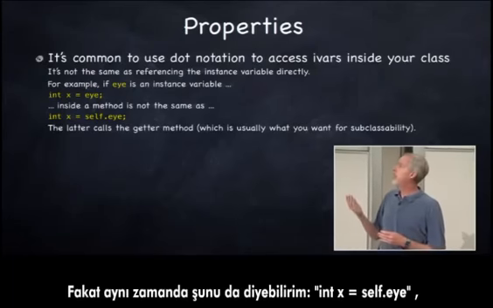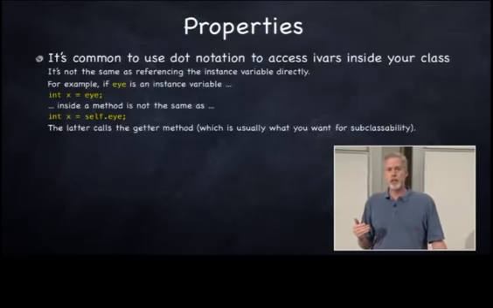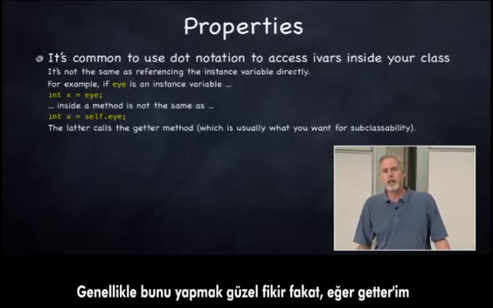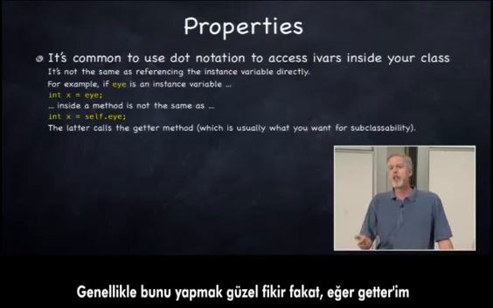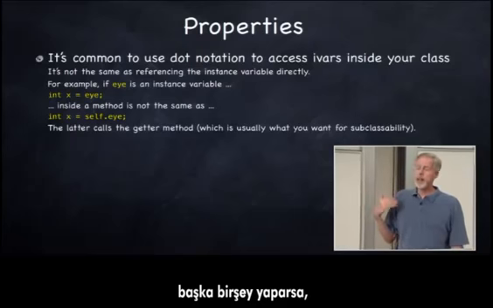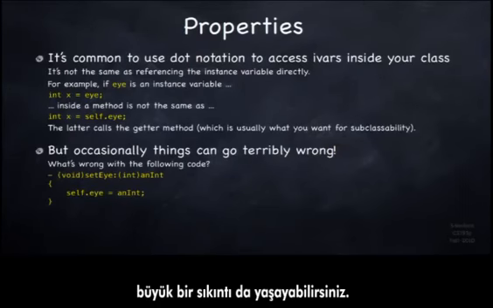But I could also say int x equals self dot I, which does not do the same thing because int x equals self dot I calls my getter. Okay, so if my getter does something in there, in addition to returning the value, that's going to happen. But it's generally a good idea to do that, but you can also get into very big trouble doing that.